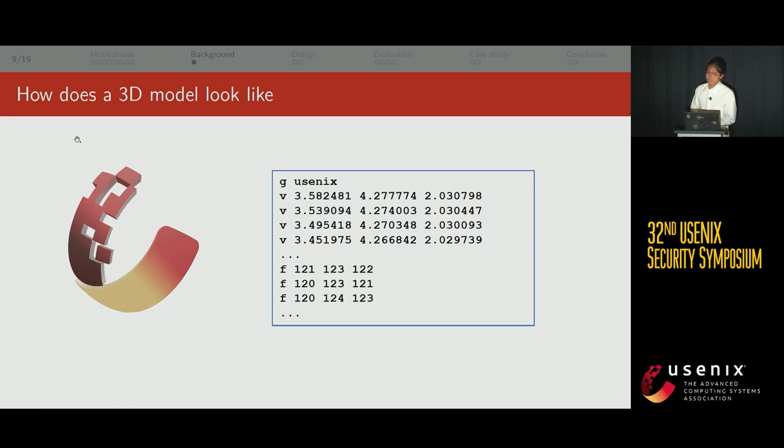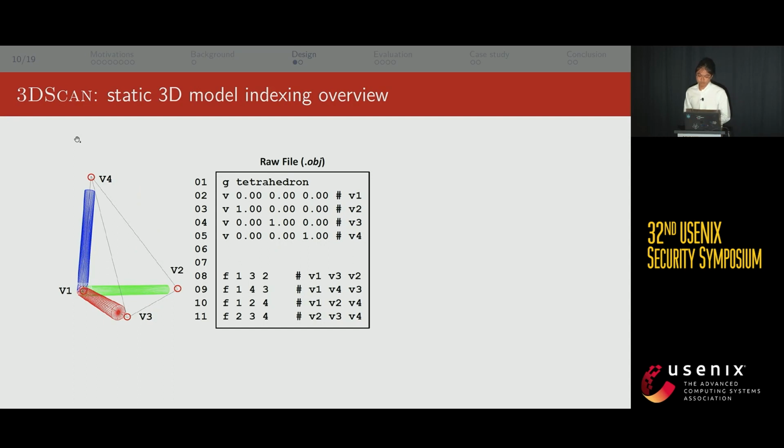After that, we use the f command, which is face, to define the faces between the vertices. As you can see, the vertices and faces are connected and related. So now we can introduce our static 3D model indexing algorithm.